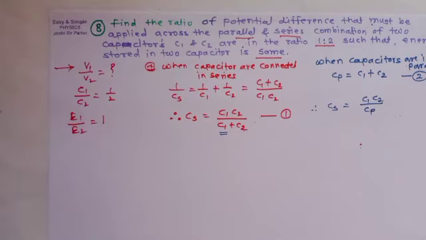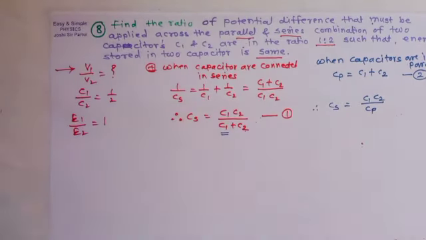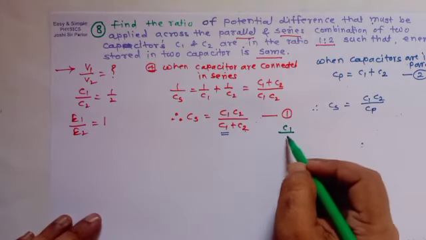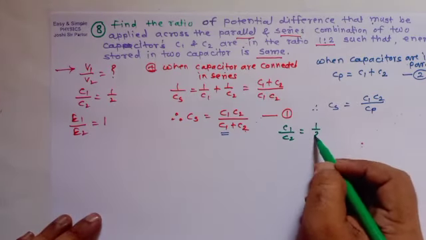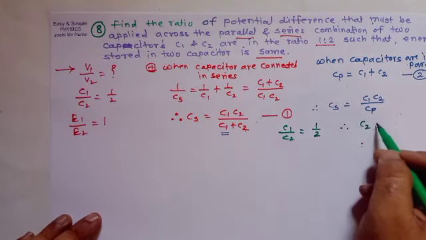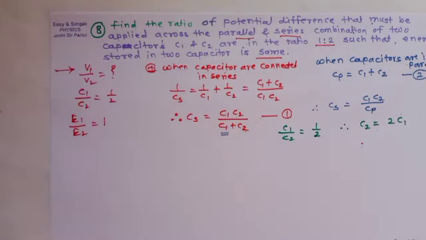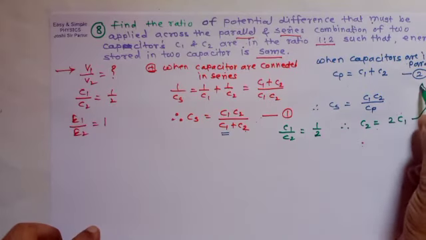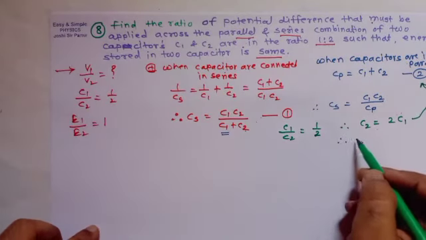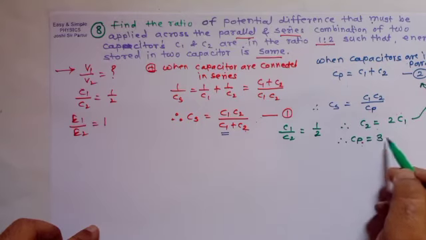Okay, here if C1 upon C2 is 1 upon 2, therefore C2 equals 2C1. If we put this value in equation 2, Cp is 3C1.